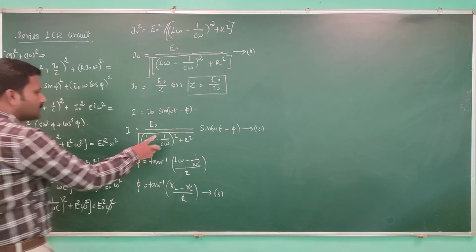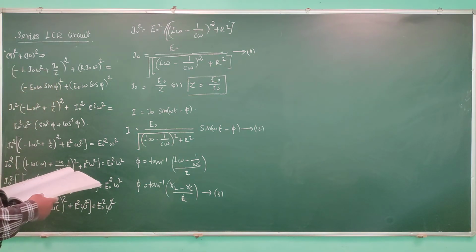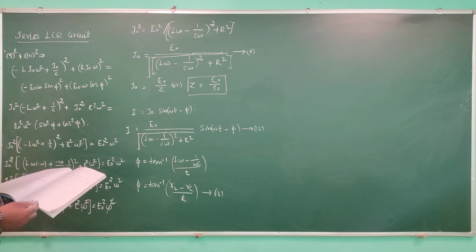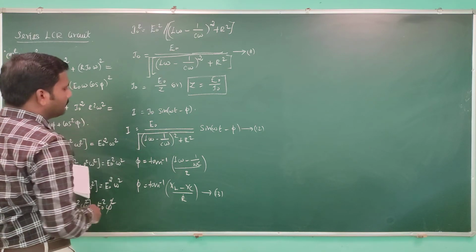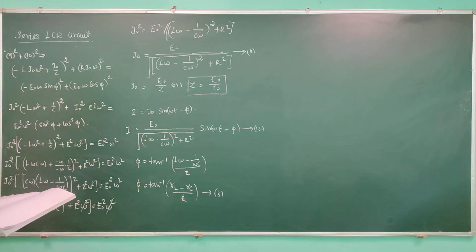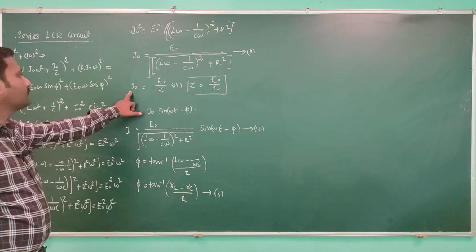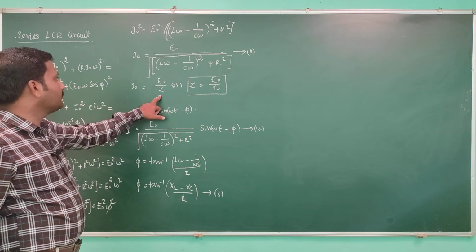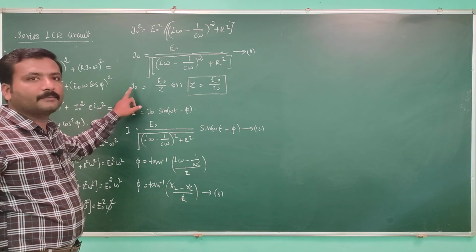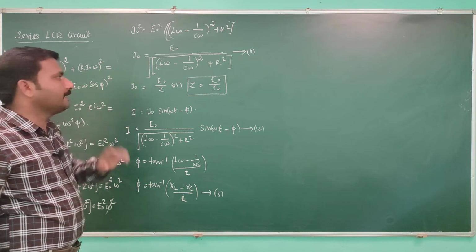Now, when Z is minimum, the current will be maximum. If you consider the equation I naught equal to E naught by Z, when Z is minimum, the peak current I naught will be maximum.